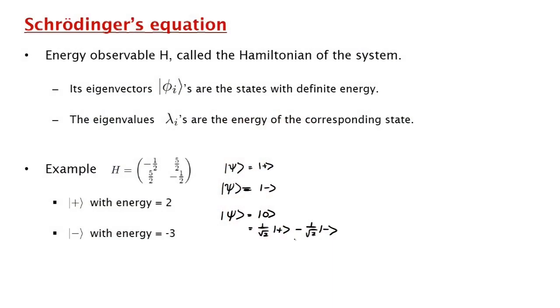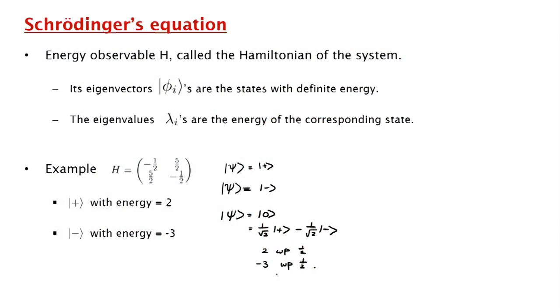And so you see an energy reading of 2 with probability half, and an energy reading of minus 3 with probability half. What this means is, if you had 100 particles, each of them prepared in this state 0, and you did an energy measurement on all the 100 particles, then for about 50 of them, you expect to see your measurement result to be 2, and for about 50 of them, you expect a measurement result of minus 3.